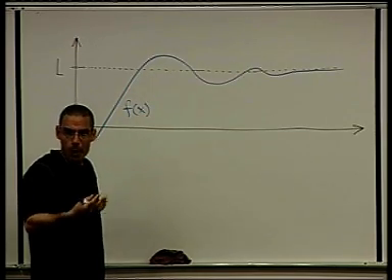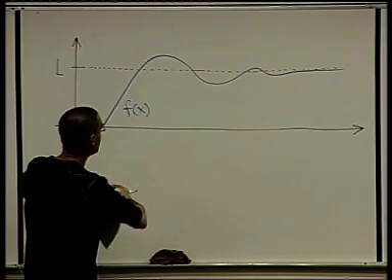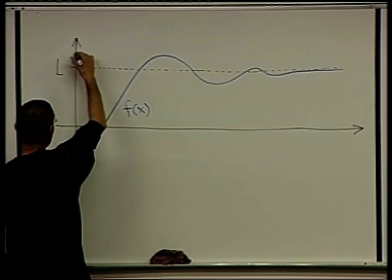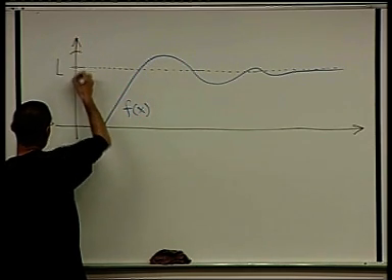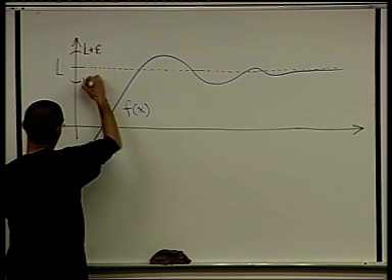How are we going to define it? Well, the y-axis portion of the definition is not going to change. We're going to want to say that whenever you take an epsilon, you get L plus epsilon and L minus epsilon.